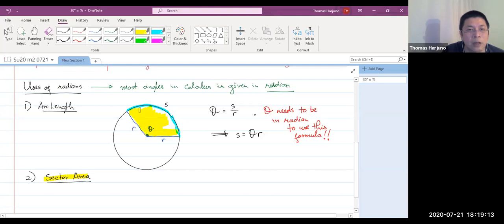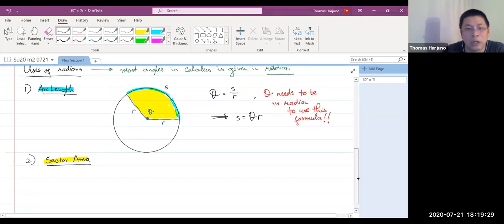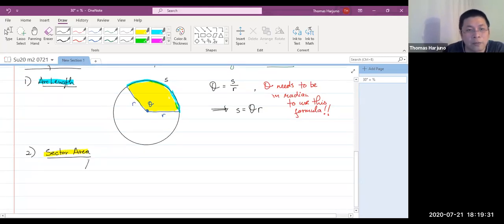While the arc length refers to the arc, how about the sector area? The area of the sector, let me draw it like a pizza, equals 1/2 theta r squared. That's the formula. Now the proof.